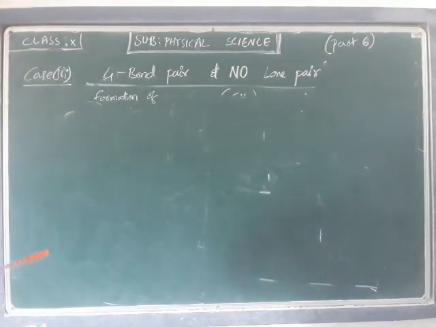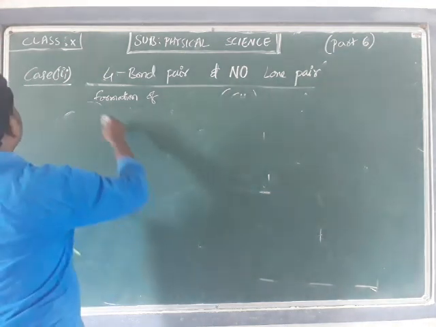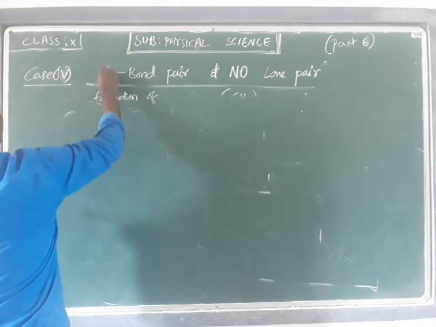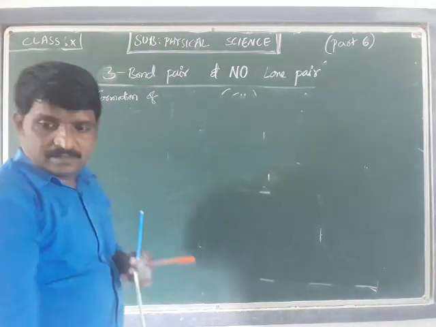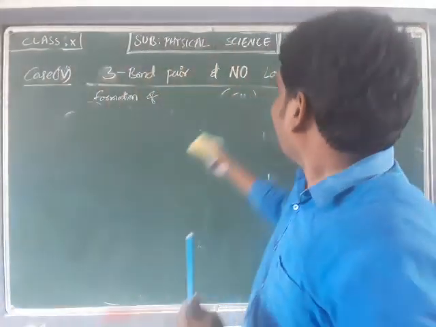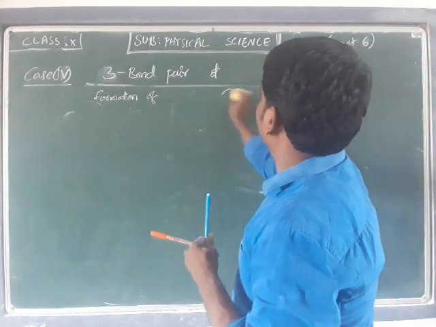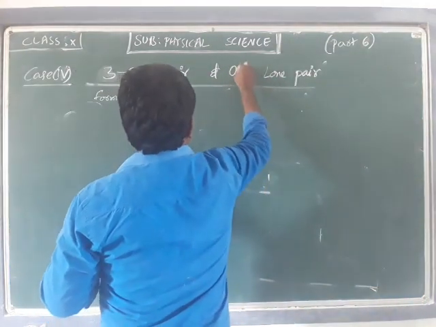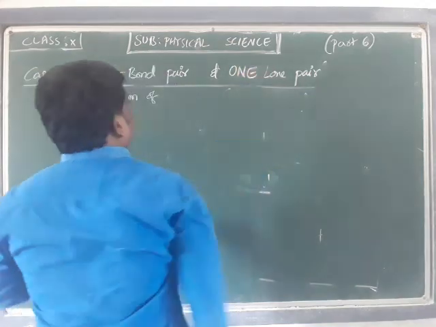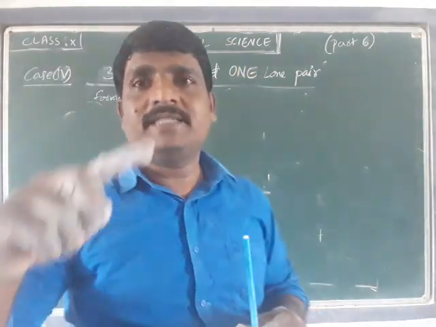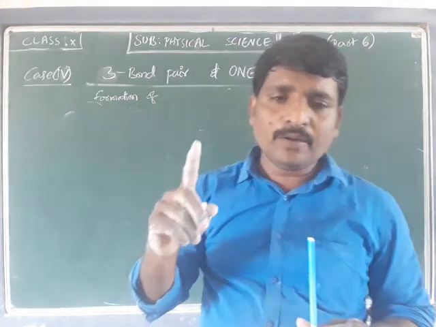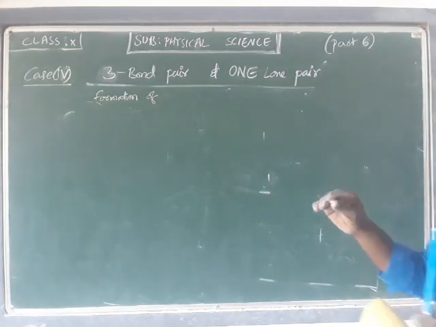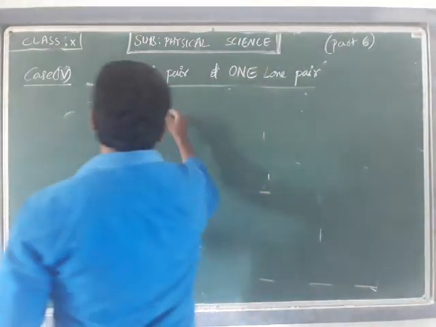I hope you understood what is happening here. Now, case 4. If you talk about case 4, here there are three bond pairs and one lone pair. The central atom of the molecule contains three bond pairs and one lone pair.